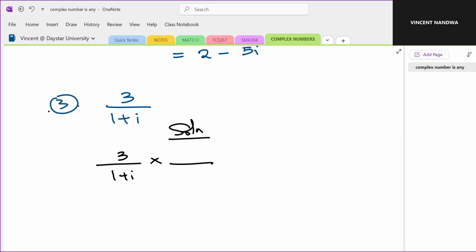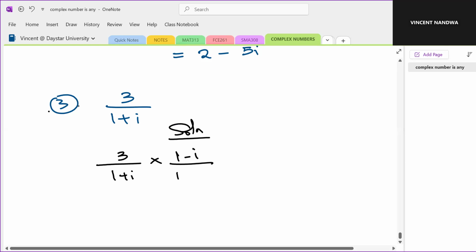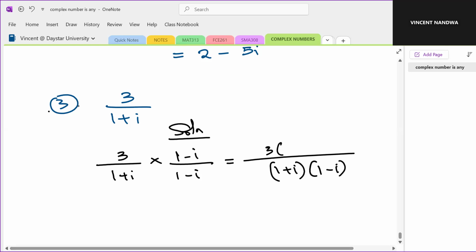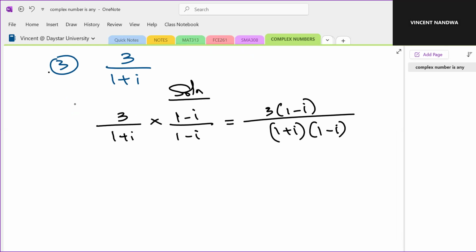And the conjugate in this case will be 1 minus i. Which will be 1 plus i times 1 minus i in the denominator, then 3 into 1 minus i. So then you do the normal product.